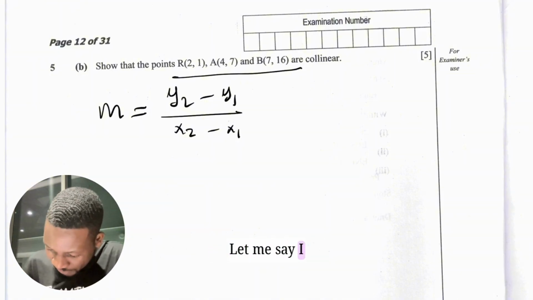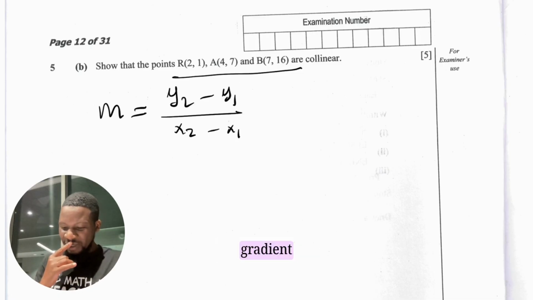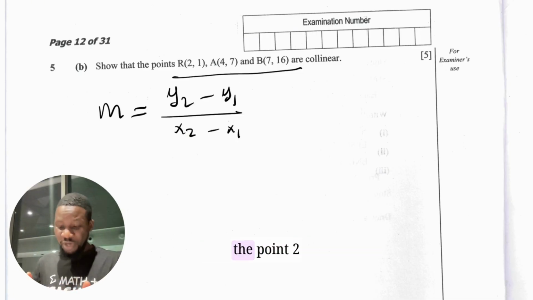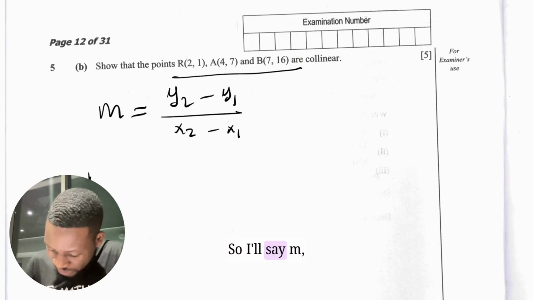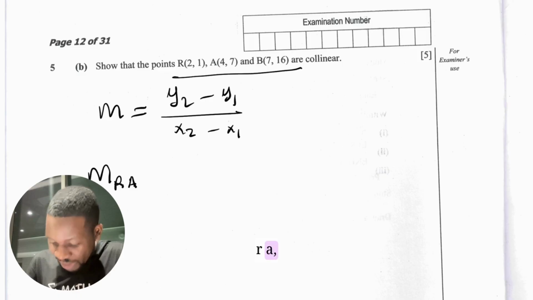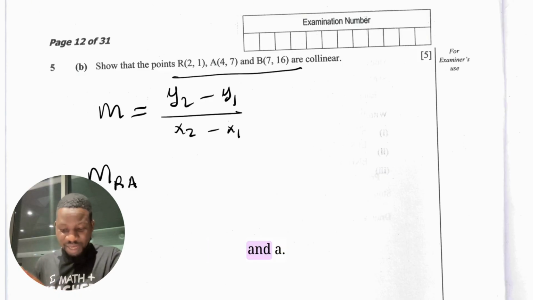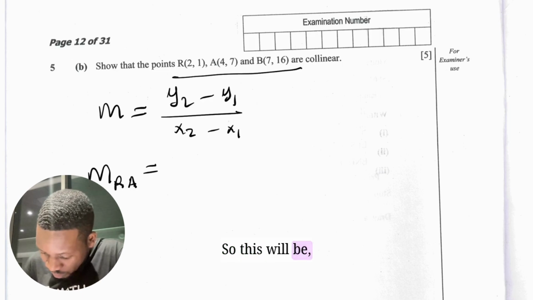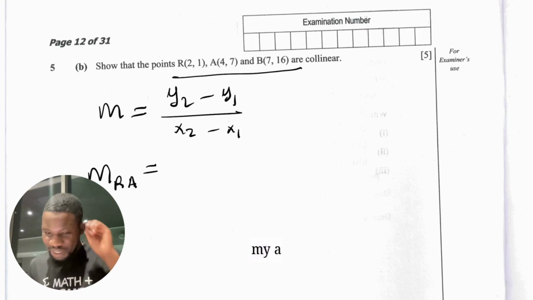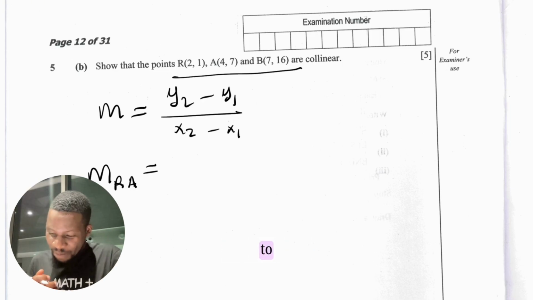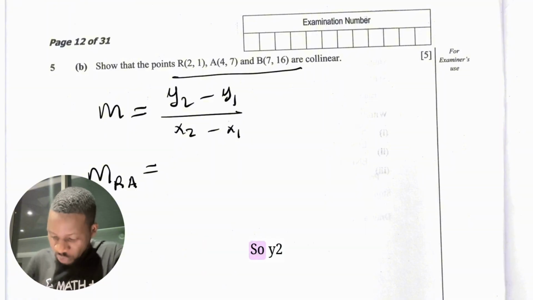Let me say I want to find the gradient or the slope between the point 2 comma 1 and A. So I'll say m, then I'll say sub RA, that is the gradient between R and A. Let me take my A to be the second point.